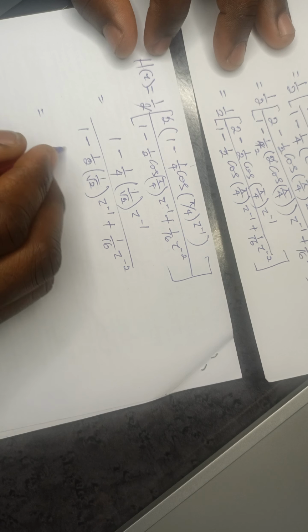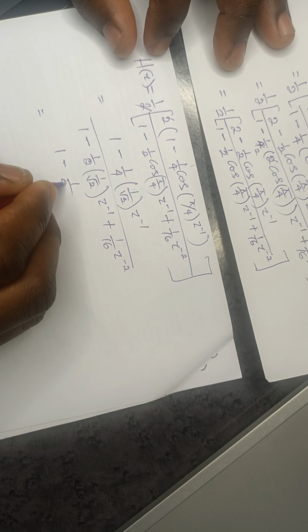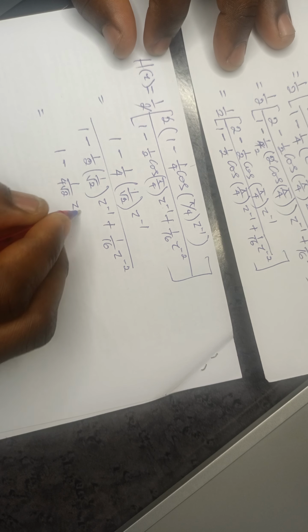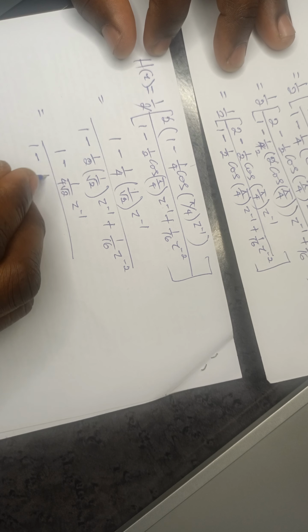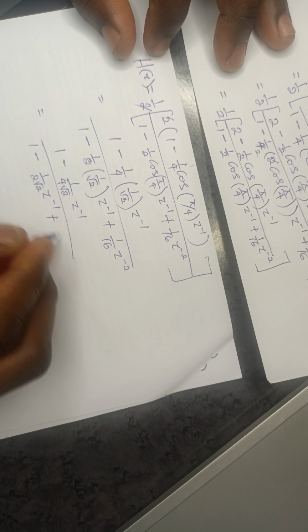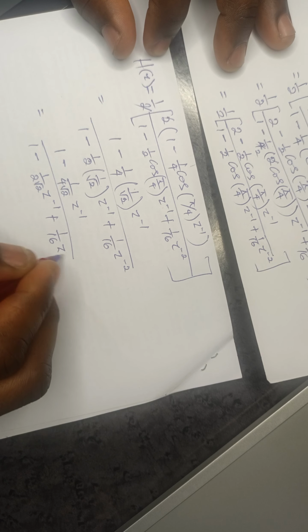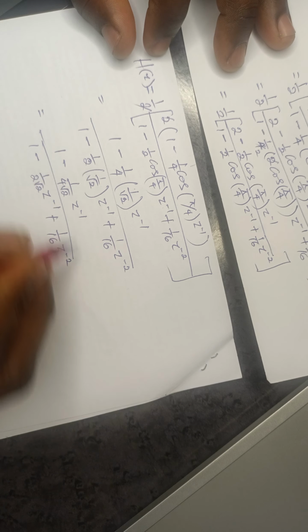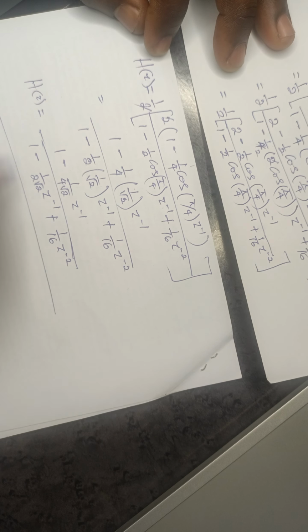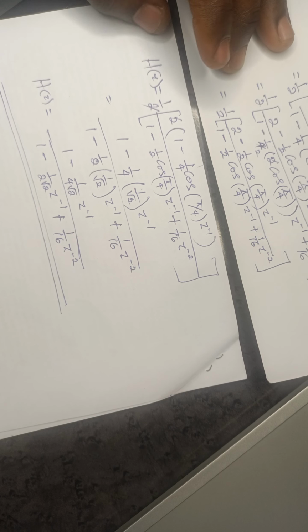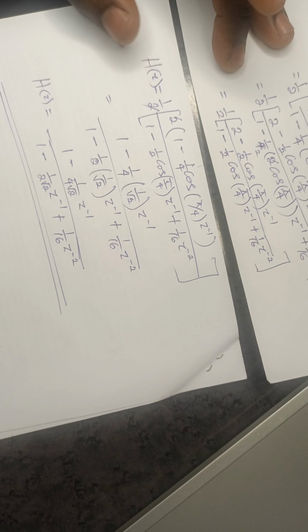So this is going to be 1 minus 1 all over 4 root 2 z to the power minus 1, then 1 minus 1 all over 2 root 2 z to the power minus 1 plus 1 over 16 z to the power minus 2. So this is the eventual h of z for this expression.